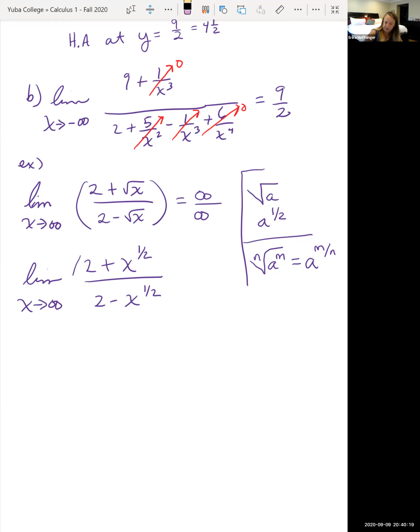And so if we multiply again by the variable raised to the highest power, which is x to the 1/2, actually 1 over that, we're going to divide every term in the numerator by x to the 1/2 and every term in the denominator by x to the 1/2.